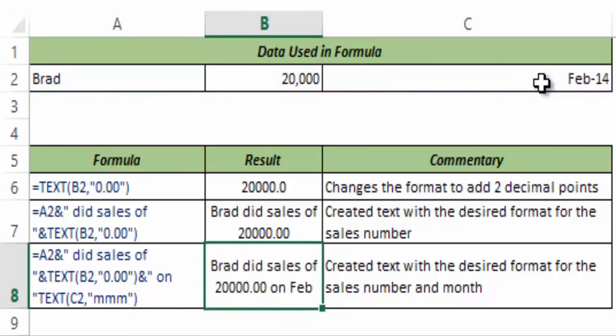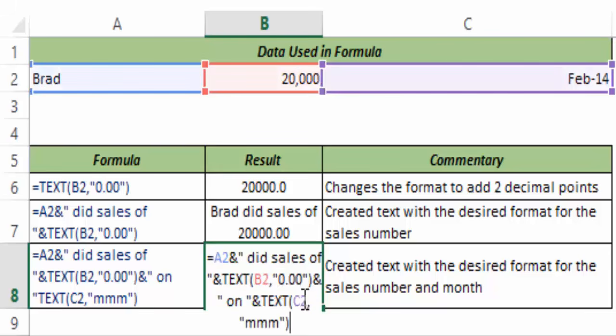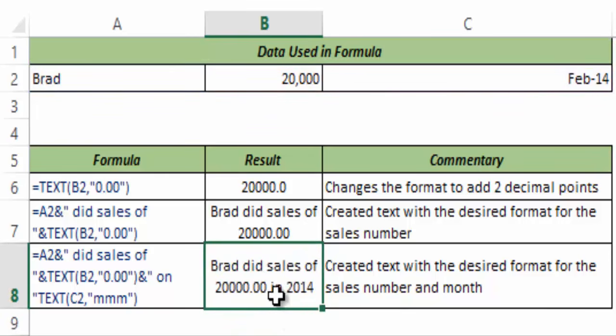And you can see I have the text which says Brad did sales of 20,000 on Feb. So you can change this. I know this is wrong English, it should be in Feb, but you can change this accordingly. You can try and use, say, if you want year here, so you can use this, and this would give you Brad did sales of 20,000 in 2014.